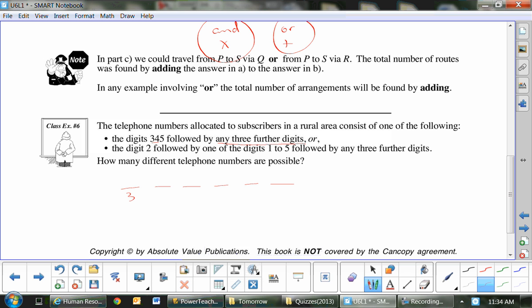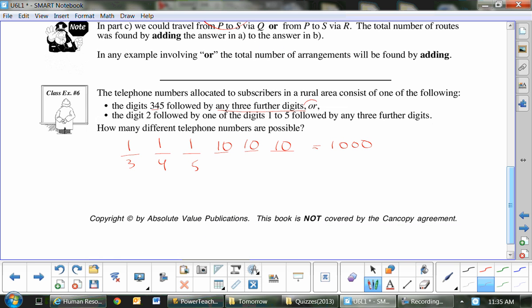How many chances of getting a 3 are there? 1. Same for 4 and 5, 1, 1. Now, how many digits am I allowed for the next one? 10. The next one, 10. Next one, 10. So there are 1,000 different combinations there.